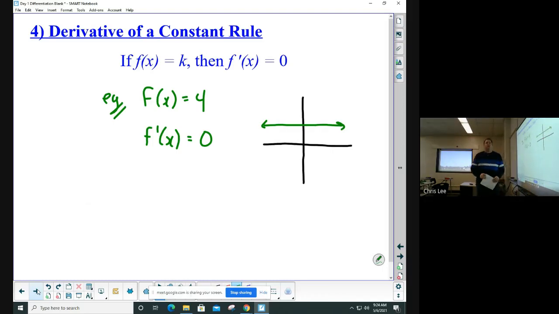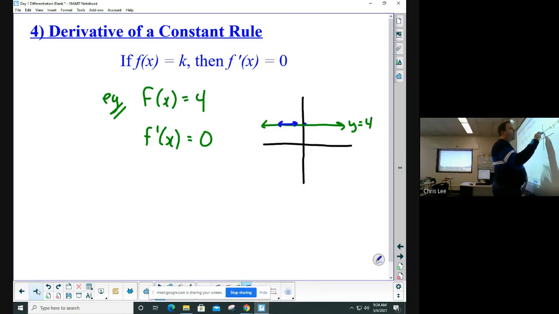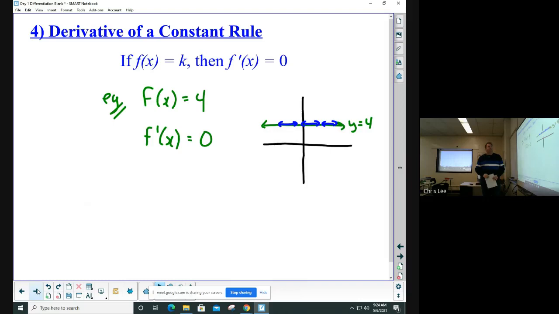So there's y equals 4. Right, f of x equals 4, that's y equals 4. Well, the slope of all of these, all of the tangents, is always 0. So the slope, or the derivative, then is just 0. So we saw that pop up in the last example too.